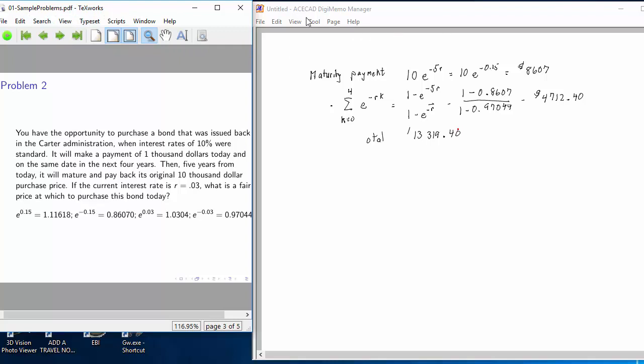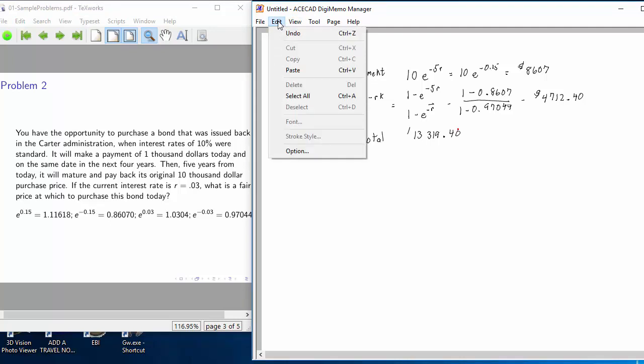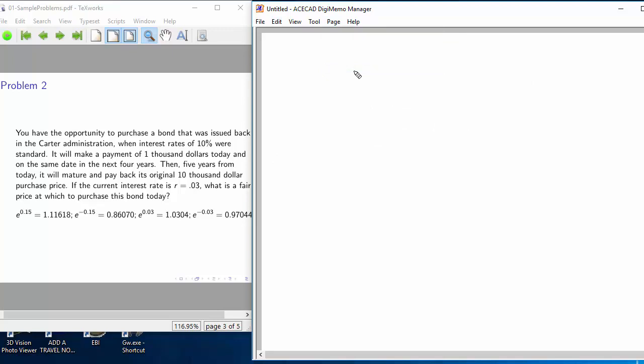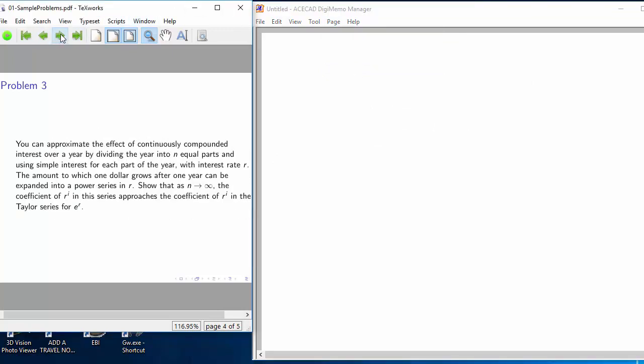Okay, enough for messy computations. Let's do a little something with exponentials. So, one way of approximating continuously compounded interest is to say, I'm going to break the year up into a large number n of equal pieces.